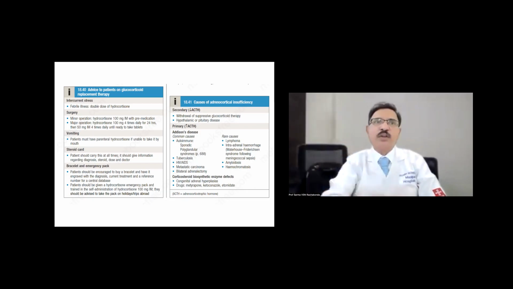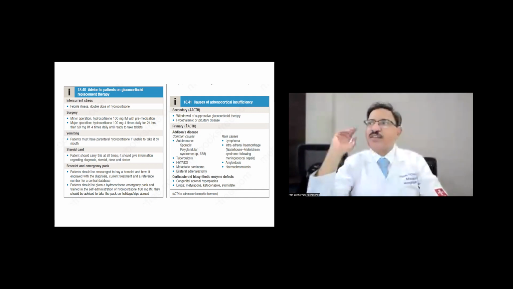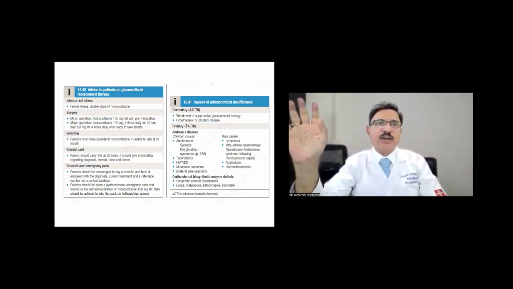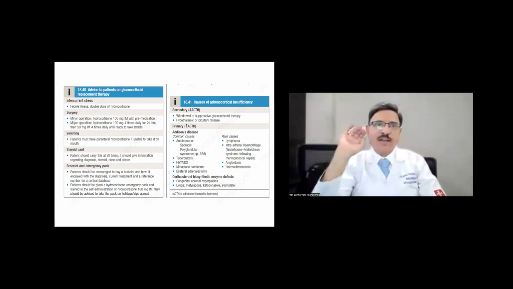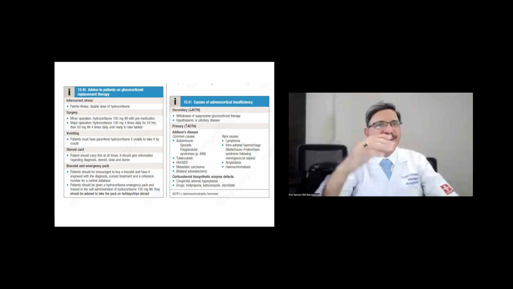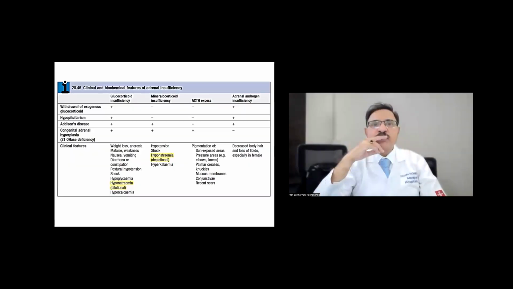Whenever they go, they must carry it. Suddenly, if they feel very weak and hypotensive, the injection is life-saving. Okay. This we don't follow in our country. We give anticoagulants left and right. We never tell them to carry a card. Anti-epileptics left and right we write, but the fellow will suddenly have convulsions and fall on the ground. No one knows whether he is already an epileptic or not. So this we have to do.